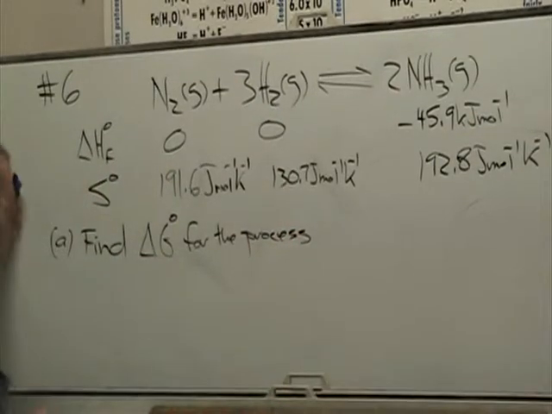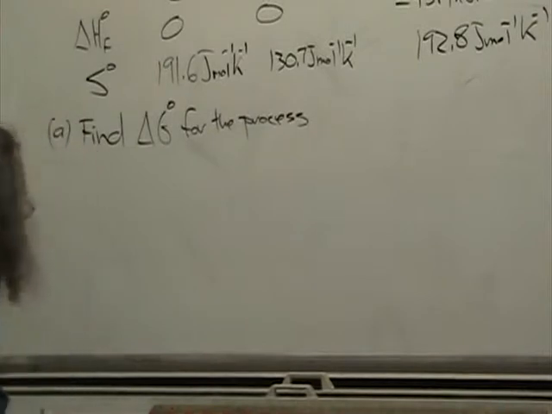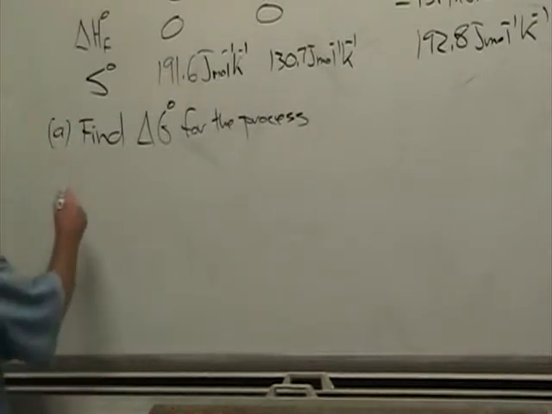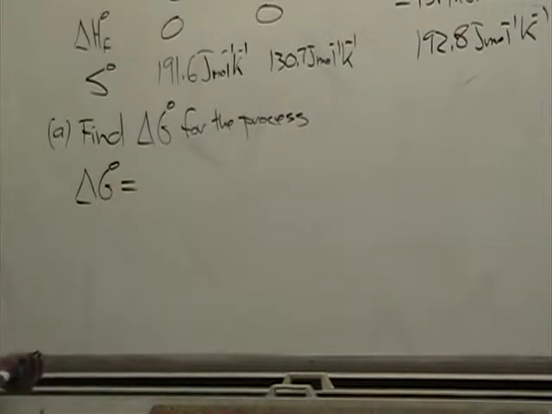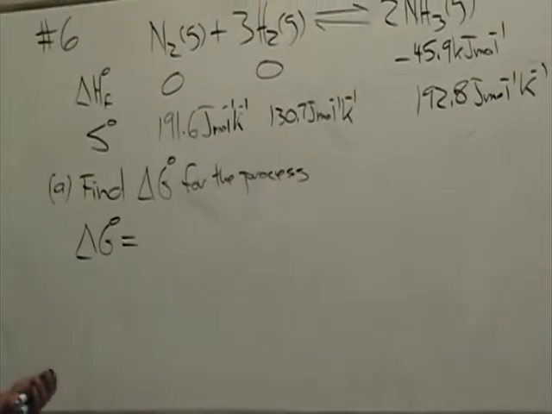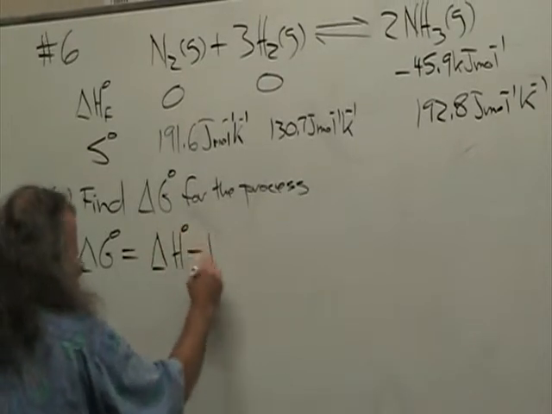Okay, and now we're going to have to take advantage of what we know, that the Gibbs free energy is equal to what? Delta H minus T delta S. Yes.